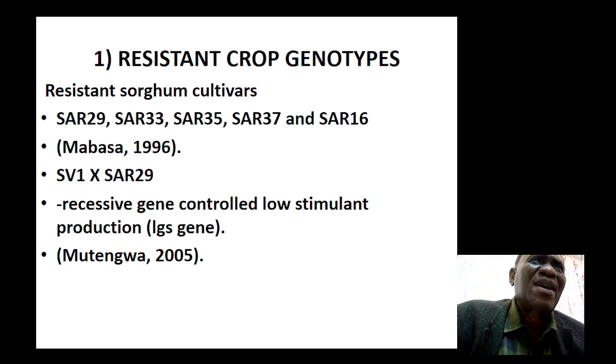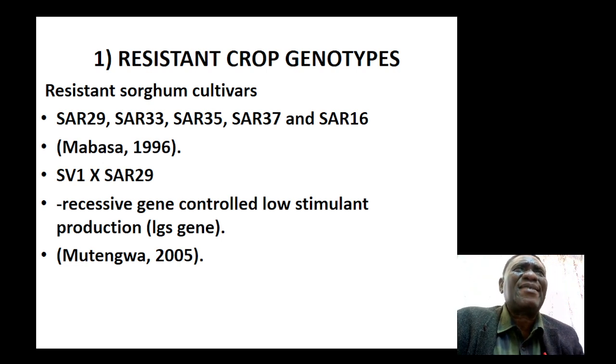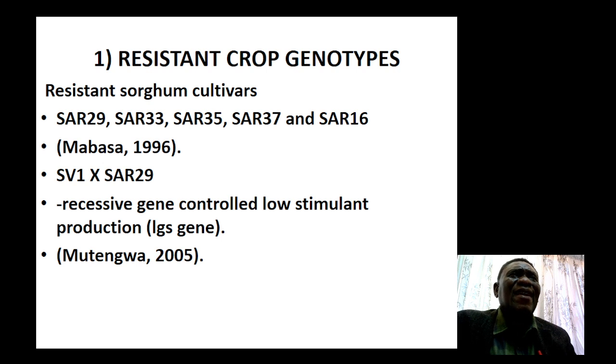There have been some resistant sorghum varieties or cultivars which we have identified in this country: SAR29, SAR33, SAR35, SAR37, and SAR16. These can actually be used to make some crosses which become resistant.